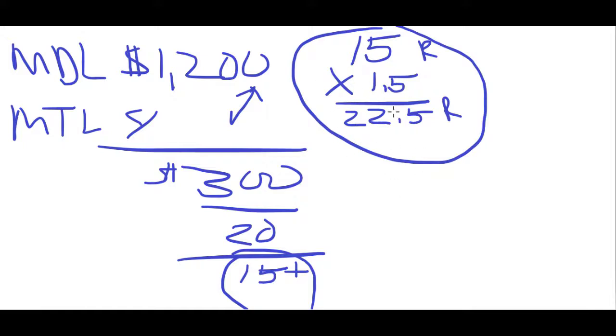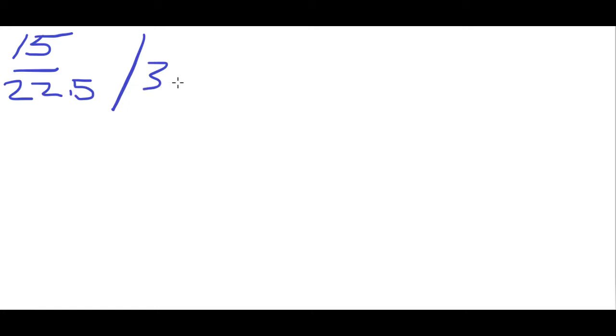What I actually did was, I don't want to risk 15 points per trade because I'm scalping. I want to be in and out. So all these numbers are the same, but instead of 15 points of risk for 22 and a half reward, I divided that by 3.